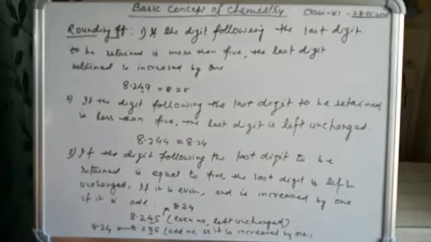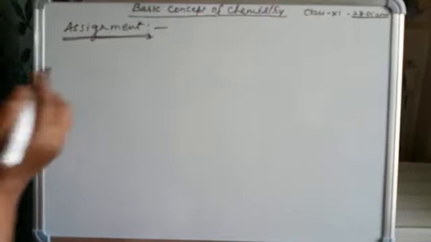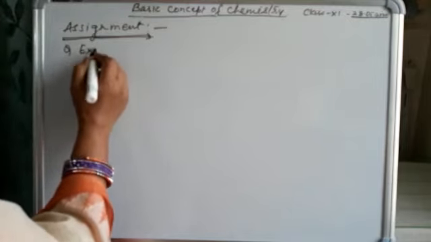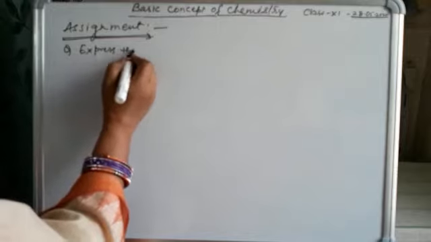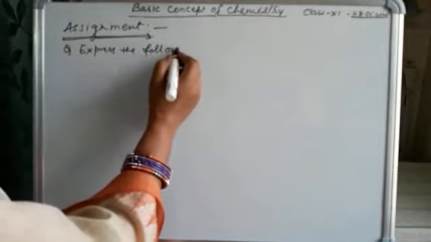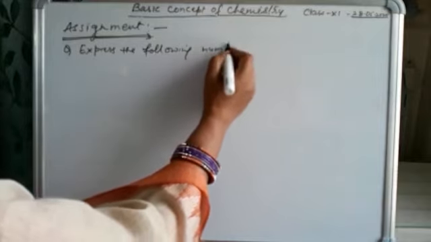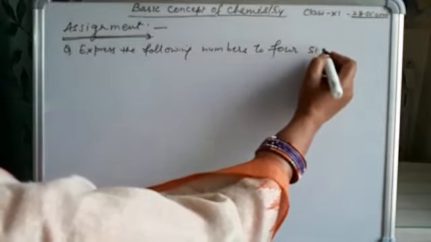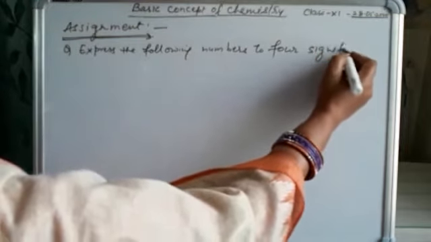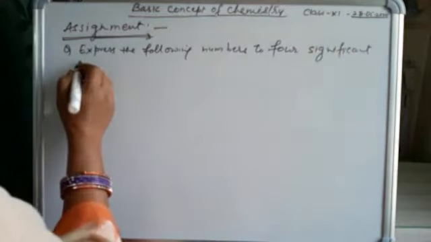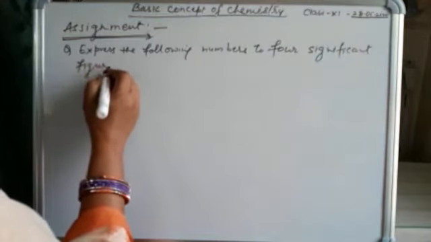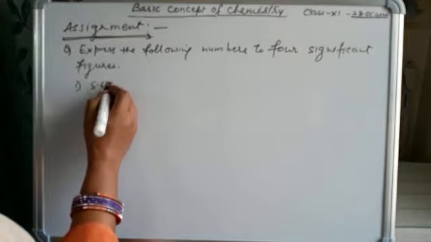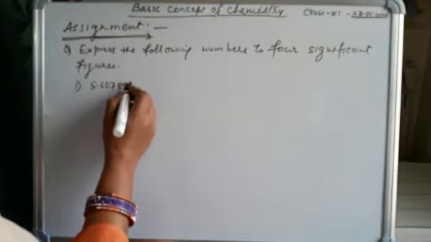Now the assignment for questions related to scientific notation. Express the following numbers to 4 significant figures. Number 1, 5.607892.